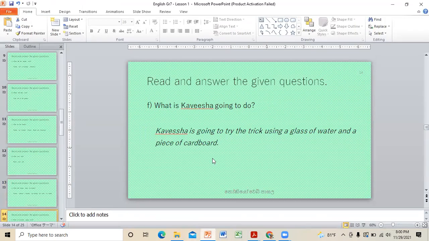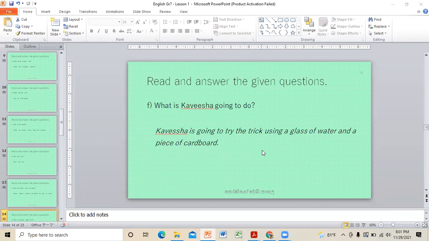Let's see. Yes, he's going to do a trick, right? So what is Kavisha going to do? Kavisha is going to try the trick using a glass of water and a piece of cardboard, right? So the answer you gave is correct. He is going to try the trick, right?